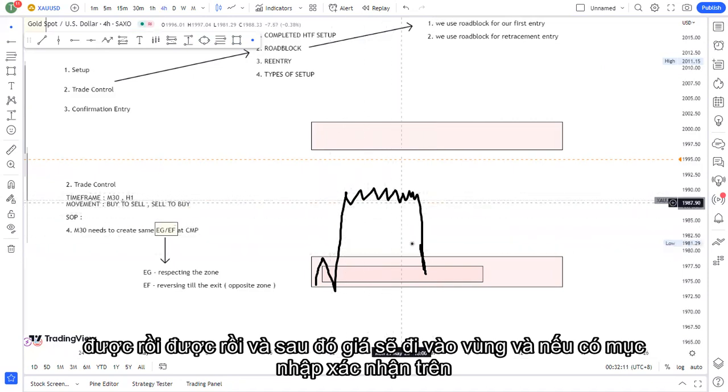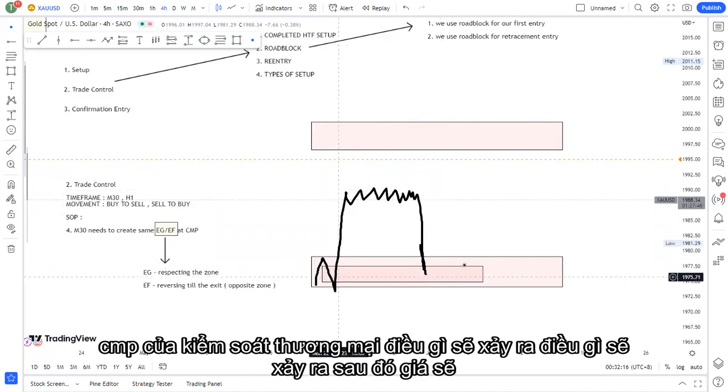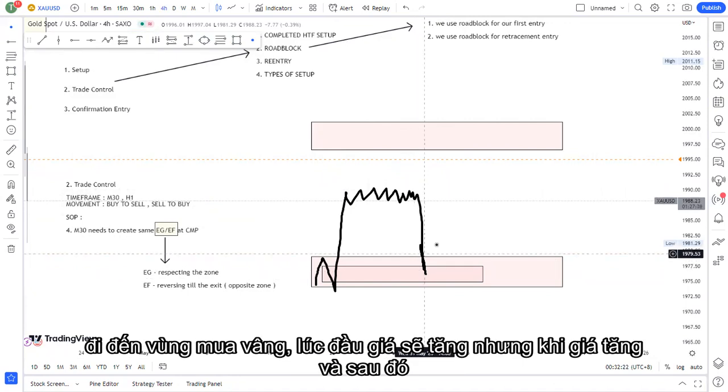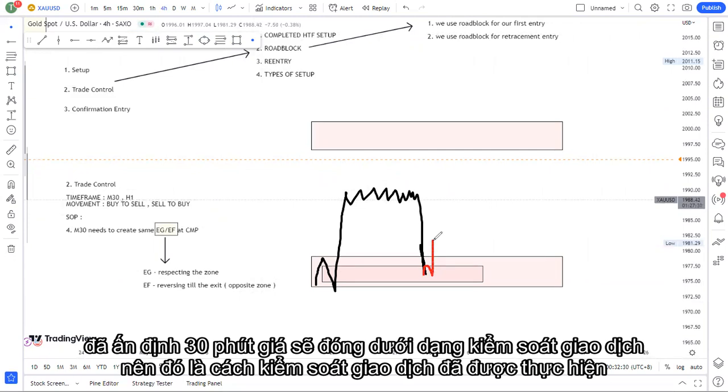Then the price gets into the zone, and if there is a confirmation entry on the CMP of trade control, what will happen after that? The price will go up at first, but when the price goes up and then fixes 30 minutes, the price will close as trade control. So that's how the trade control has been created.